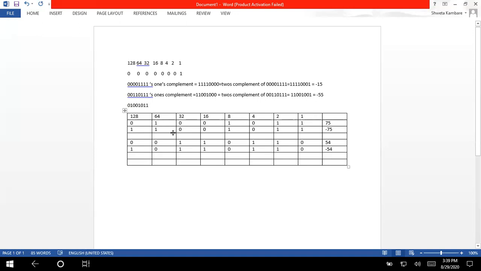You can also calculate 2's complement of 75 and 2's complement of 54. Pause the video and calculate it now.